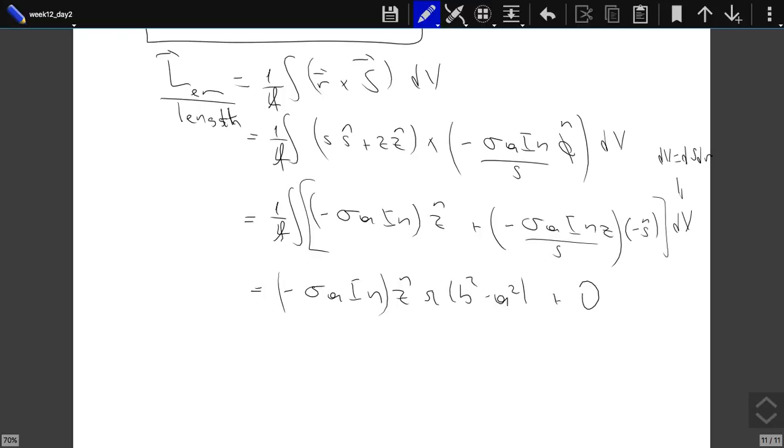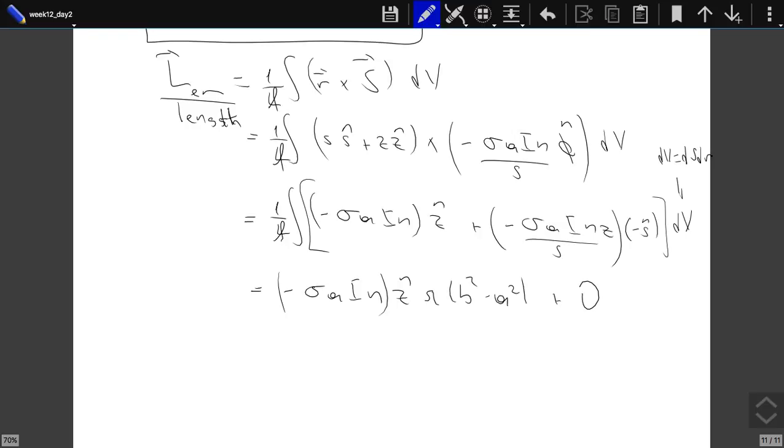But when I integrate over the surface of the cylinder, S is just constant, S hat is changing. When I integrate around the circumference, S hat is constantly changing. The integral of S hat will just give me 0. That's basically why the integral of the second term is 0.